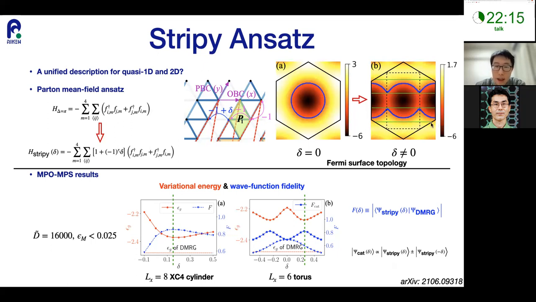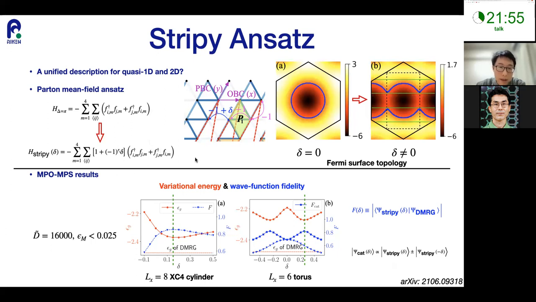If the cut doesn't touch the Fermi surface, you can consider it a gapped phase along this direction. And then we check whether the delta not equal to 0 ansatz is a better ansatz.